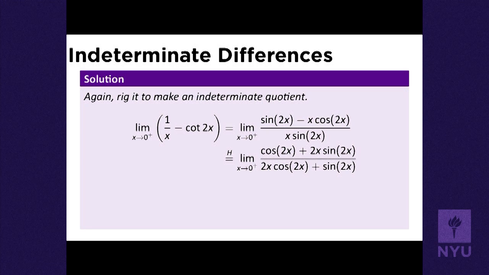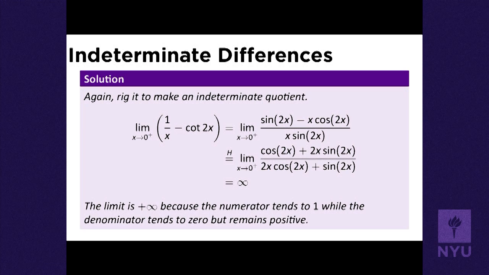So the quotient is going to go to positive infinity. Okay? The numerator tends to 1, the denominator tends to 0, but the denominator is always positive if x is positive. So the limit is going to be positive infinity. I guess from the left-hand side, we would get negative infinity.